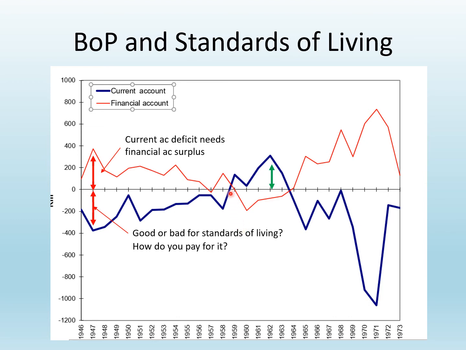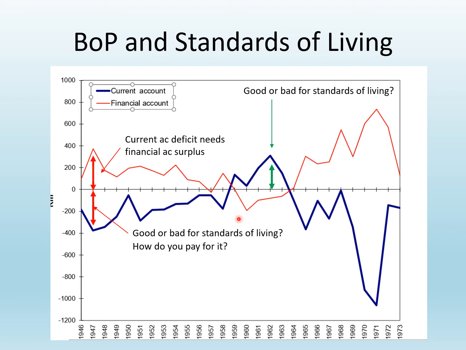So if a country has a shock of some sort, and if money leaves the country as a consequence of that shock through the financial account, the only place the country can generate that money is through the current account. And the question is, is that good or bad for standards of living?